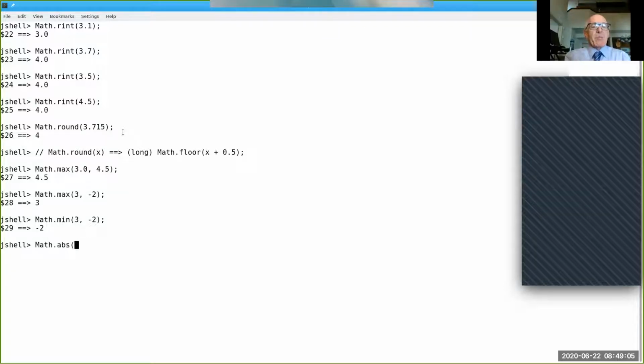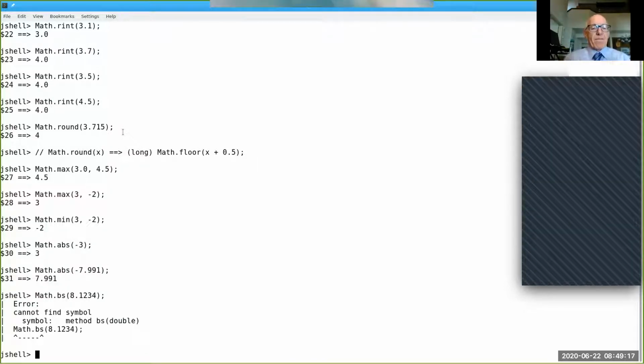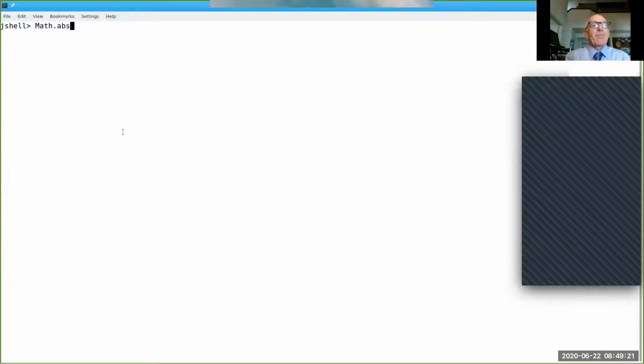And absolute value, and absolute value of 8.1. Again, it helps if you type correctly. So those are your main math methods.